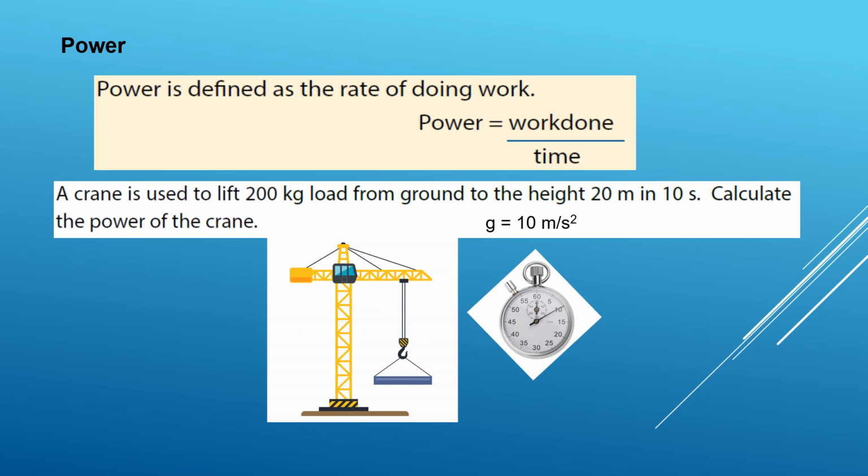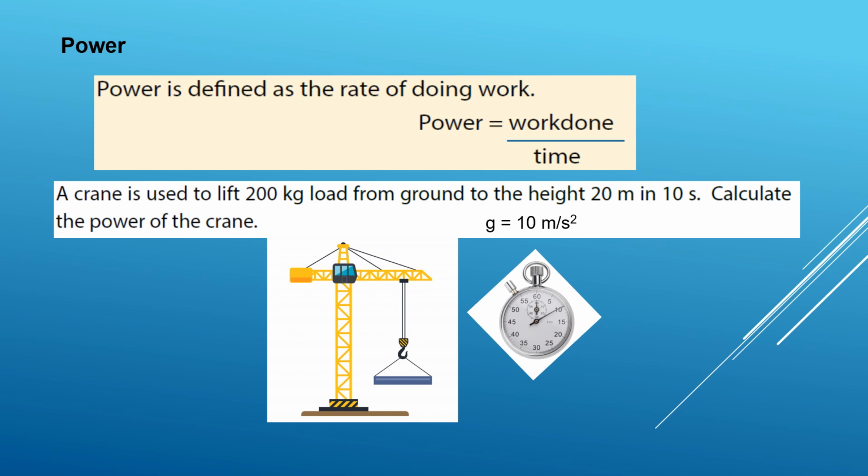So first we have to find out the work done, which is equal to the weight times height, which is also equal to mgh. So work done is equal to 200 times 10 times 20, which gives 2000 times 20, which gives 40,000 joules.